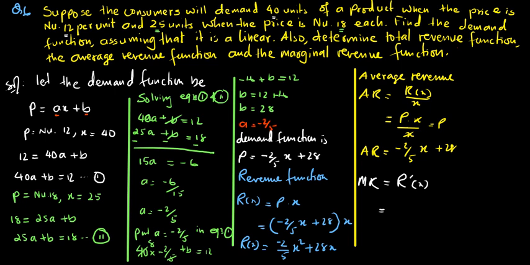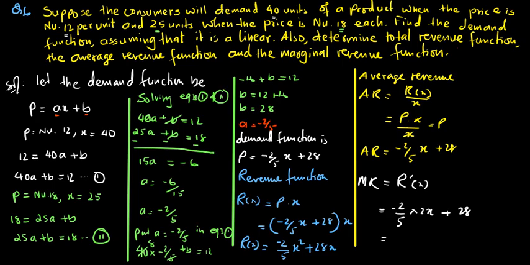The derivative of minus 2 by 5 x square is minus 2 by 5 times 2x, plus the derivative of 28x, which is 28 only.